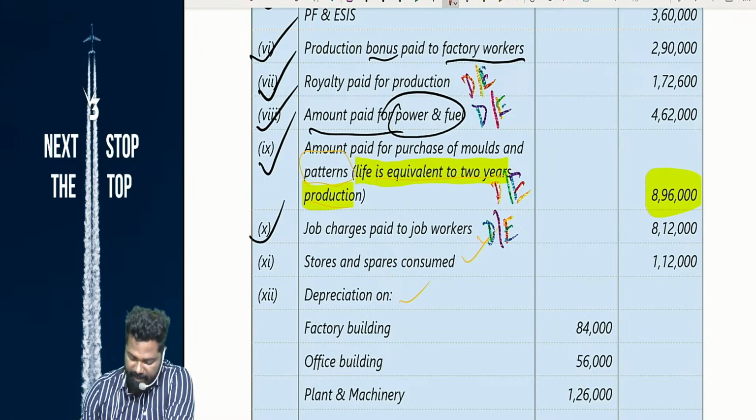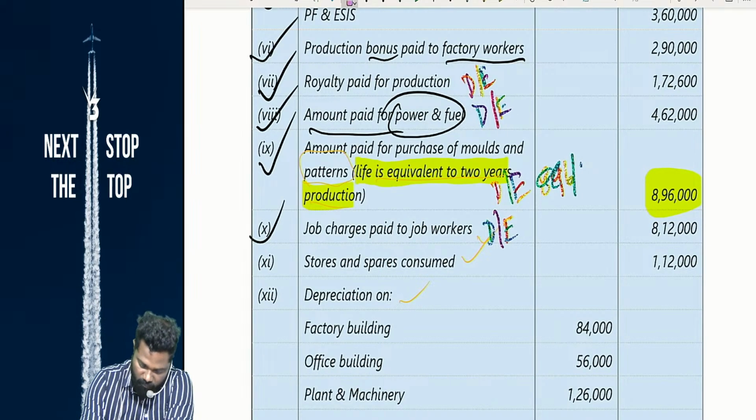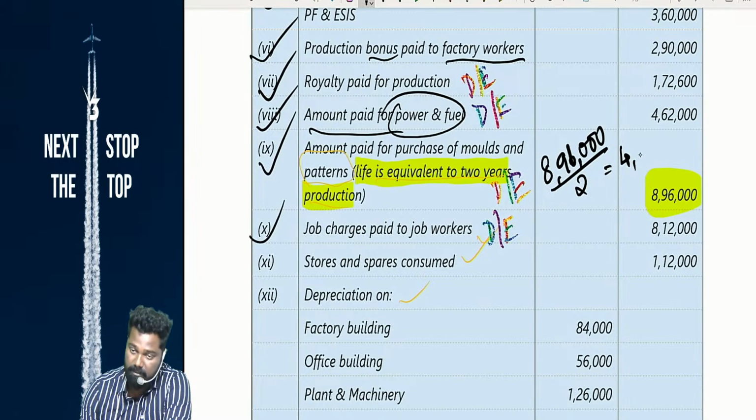Why are we taking 8,96,000 divided by 2? Since this is for 2 years, I will have to take it for 1 year. So 8,96,000 divided by 2, how much per year is coming? 4,48,000.